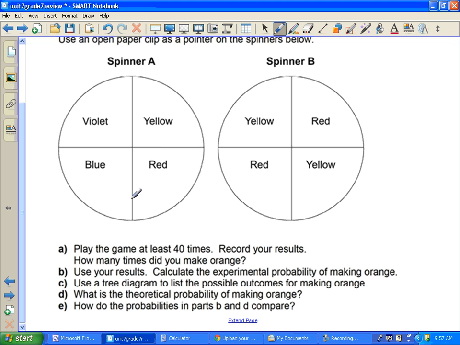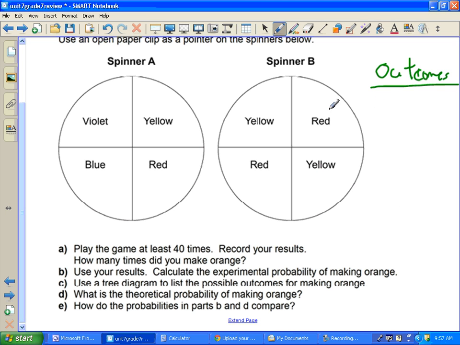So when you play the game 40 times and record your results, you're going to end up with 40 actual outcomes. So your outcomes will end up being 40 of them written down.